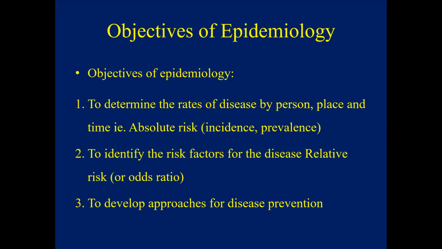I hope that all of you know about these measures, so I don't have to go into much detail about the basics of incidence and prevalence. I'll just explain the basic terminologies first, and then I'll go to the measures of association.